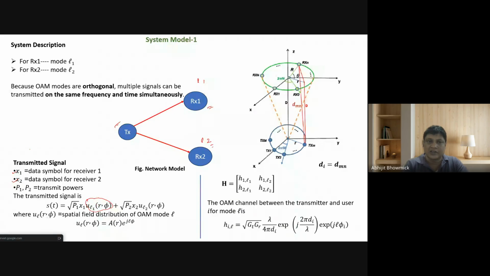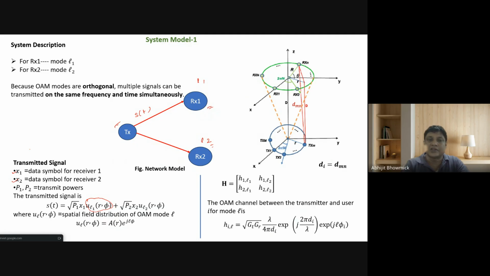The first part carries user 1 information using mode L1, so the LG beam is denoted U_L1. In the second part, the information x2 for user 2 is carried by the LG beam with mode L2. These two are combined and the transmitter transmits this s(t) for both.